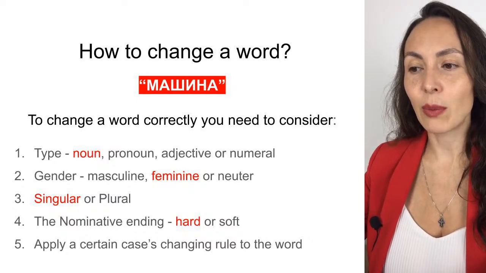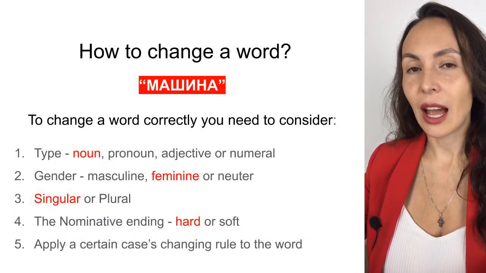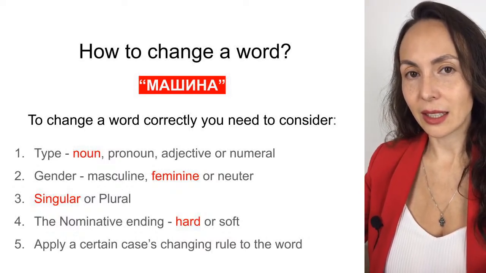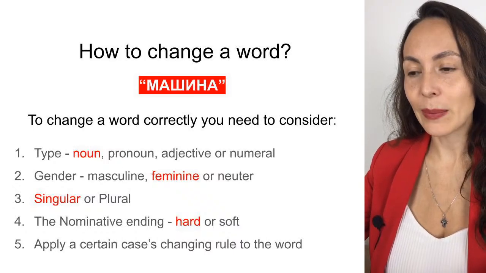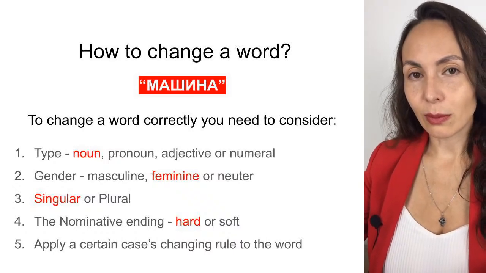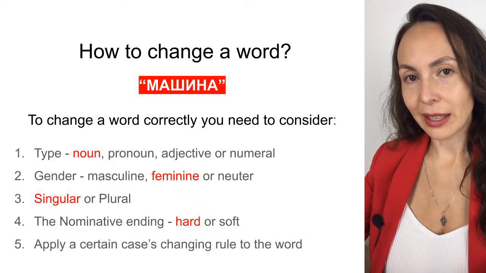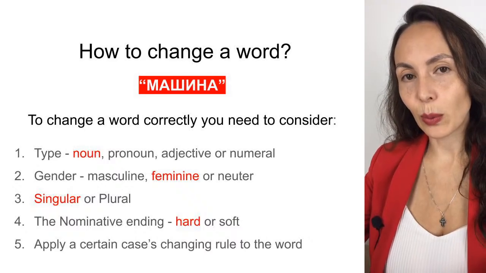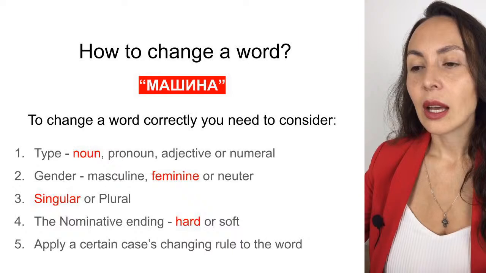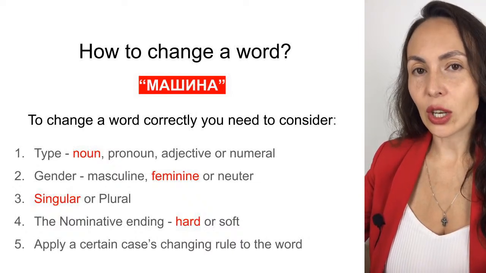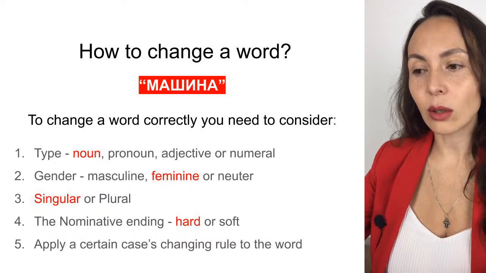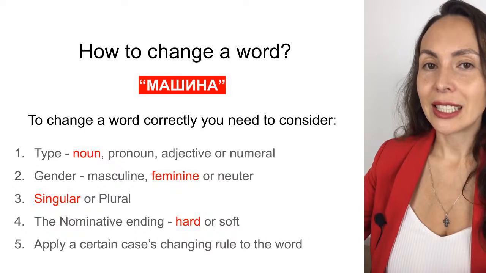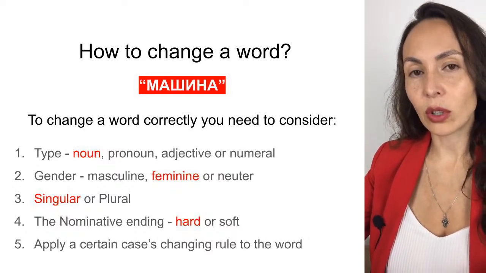Every single type of words has its own systems for each gender. Just be careful with this analysis. Then you also need to know what it is, singular or plural. Because again you decline, you change constantly singular and plural forms.